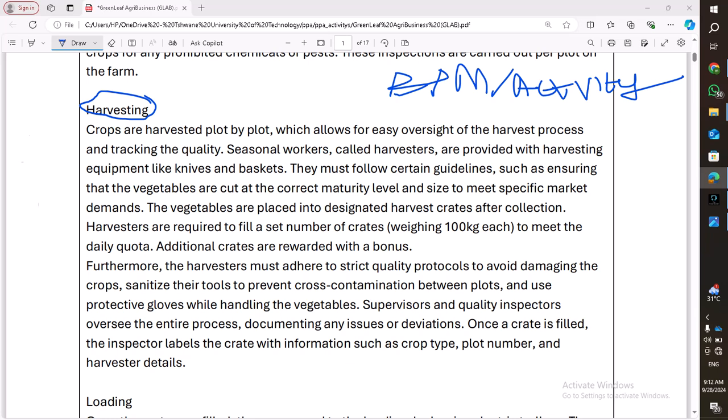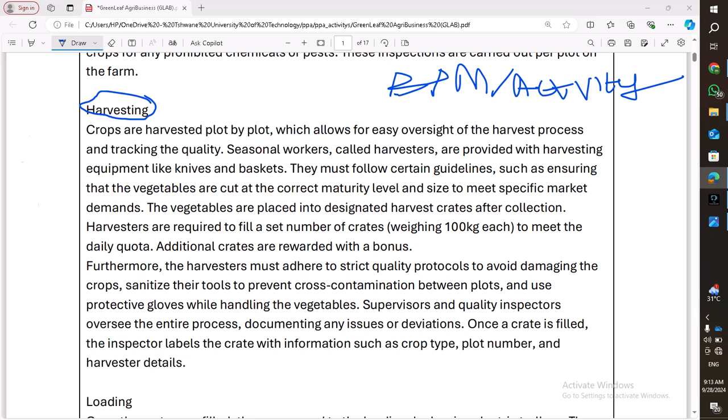Harvest trays after collection. Harvesters are required to fill a set number of trays to meet the daily quotas. Additionally, trays are rewarded with a bonus. Furthermore, the harvesters must adhere to strict quality protocols to maintain crop sanitation.